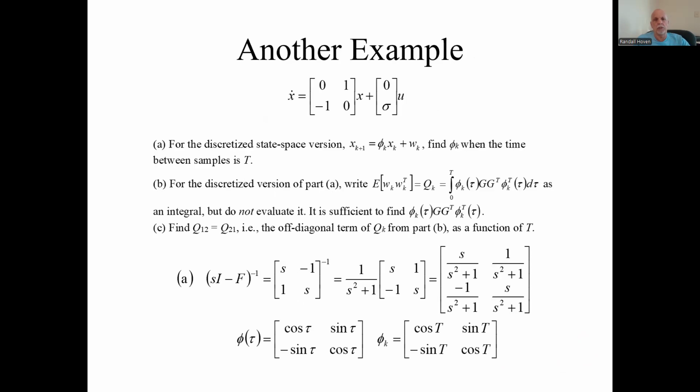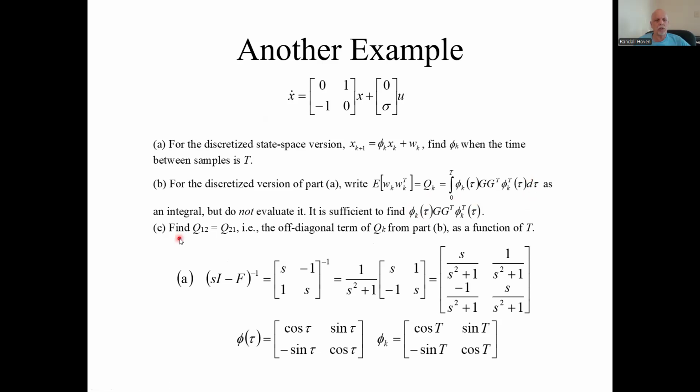We already went through the example I'm flipping through now. Here's the example I'm going to do now. We're given the continuous time state equation. We're asked for phi. We're asked for Q, but we don't have to evaluate it yet. We at least need to find this integrand.